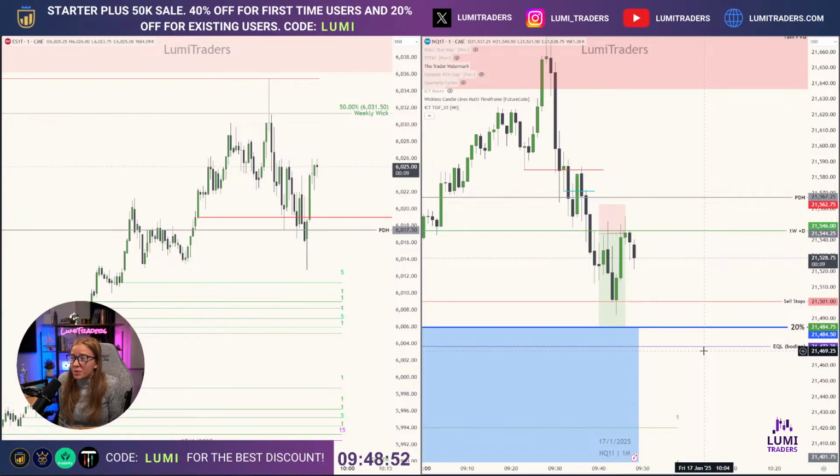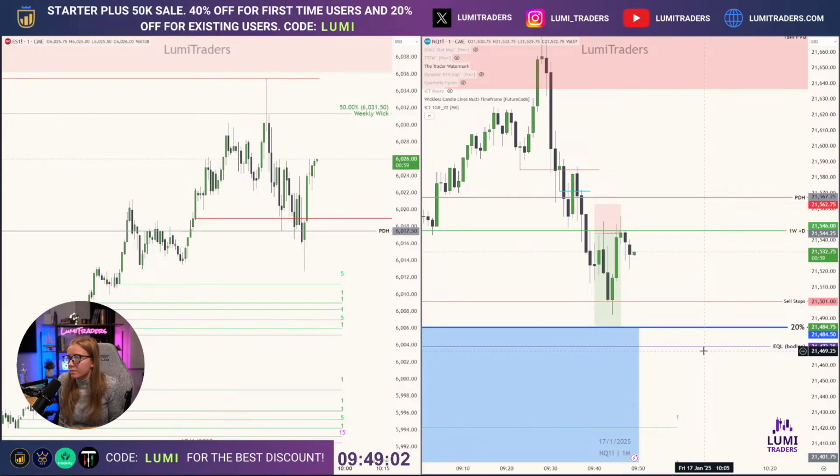Actually, I posted this on Twitter. If you want to check my losing trade, just go and check this. I was like, I'm going to enter turtle soup, but I entered long in discount. It was kind of nice, but it swept another low again and stopped me out.